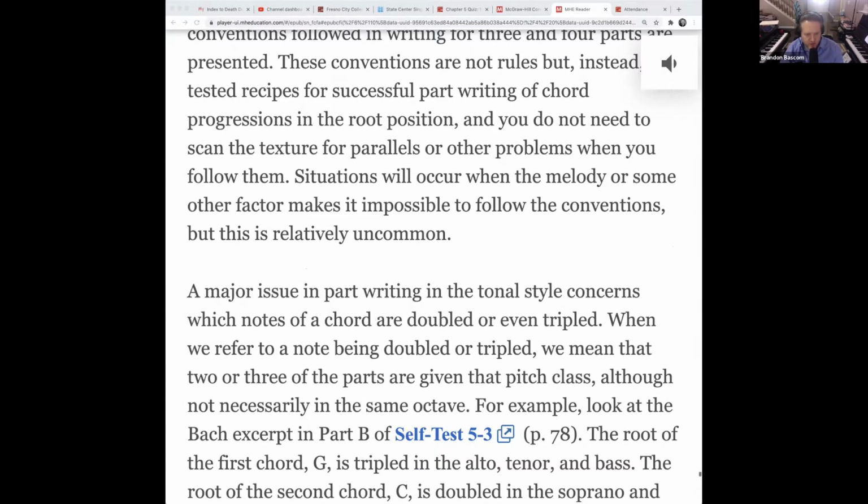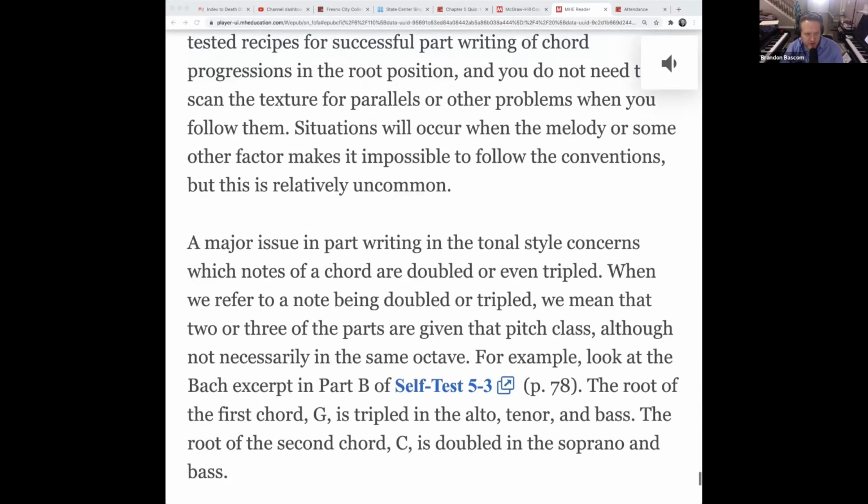Situations will occur when the melody or some other factor makes it impossible to follow the conventions, but this is relatively uncommon. So they're setting up a structure for us where they tell us we don't even have to scan for parallels or other problems, because if you do these things, you're going to be just fine.